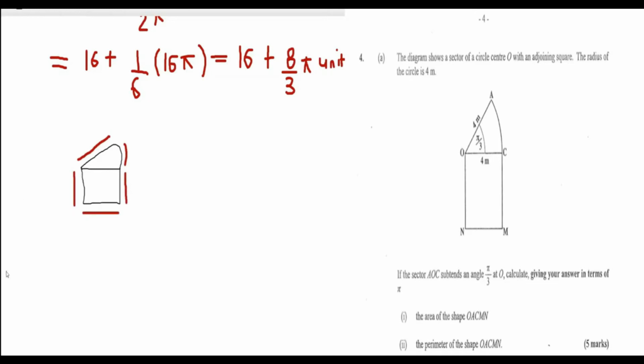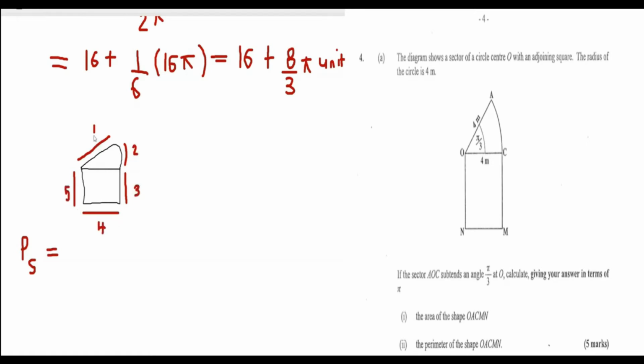That's the perimeter. Let's just label them. Call this side 1, 2, 3, 4, and 5. We need to add these 5 sides.